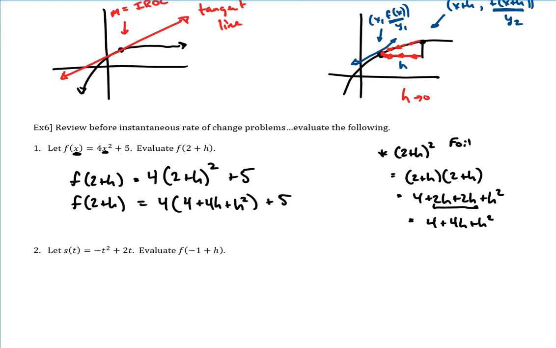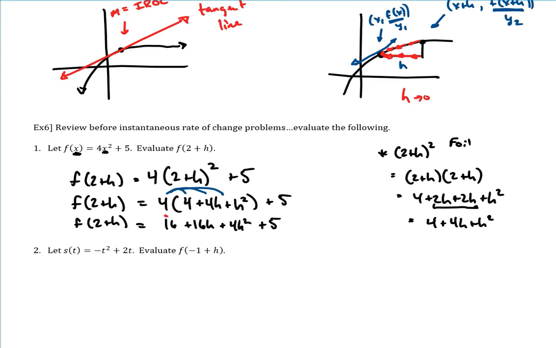And then afterwards, I can distribute the 4. So let's take that 4 and distribute it to these three terms. So f of 2 plus h is 4 times 4 is 16, 4 times 4h is 16h, and then 4 times h squared is plus 4h squared. And then plus 5 is still out there. And then finally, we can combine our constants here.